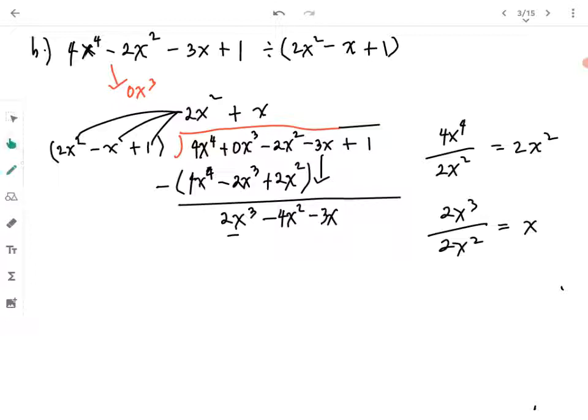Then distribute that here. So x times 2x squared is 2x cubed. x times negative x is negative x squared. x times 1 is positive x. Then we subtract.